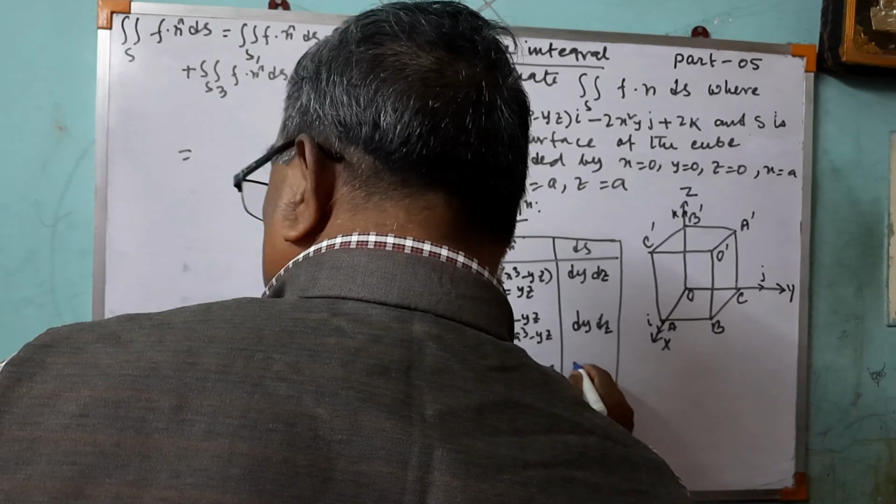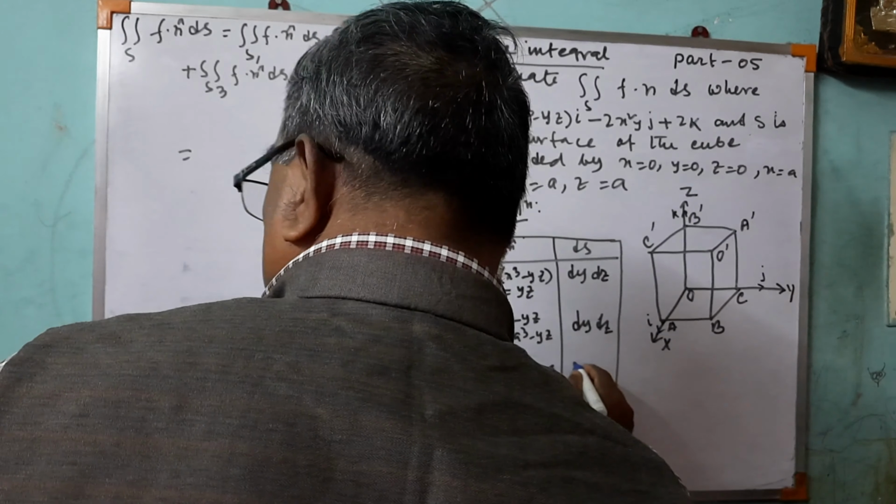Now a square by 2 times z square by 2, then 0 to a, that is a square by 2 times a square by 2, so it will be a to the power 4 by 4. So S1 has value a to the power 4 by 4.